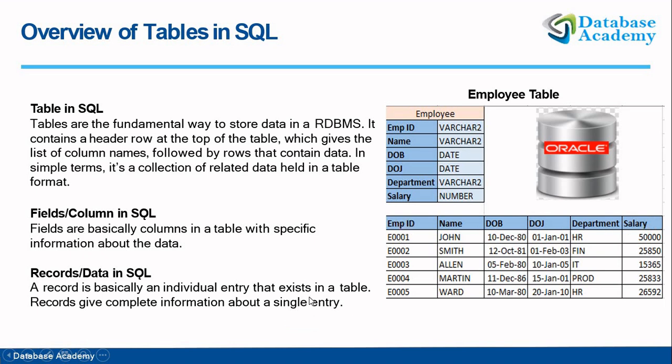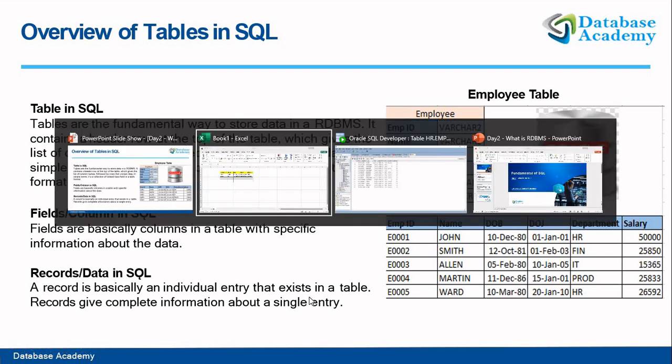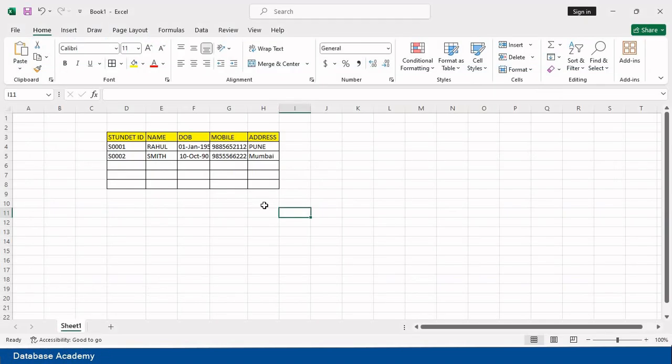Let us consider one example. You need to maintain student data. So how will you maintain it in Excel? You will create student ID, name, date of birth, mobile and address like this, right? And below each column you will mention the respective values for that column, right?